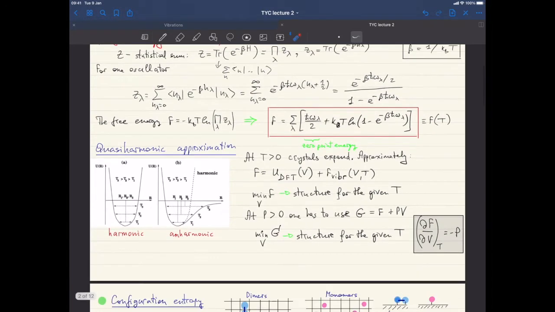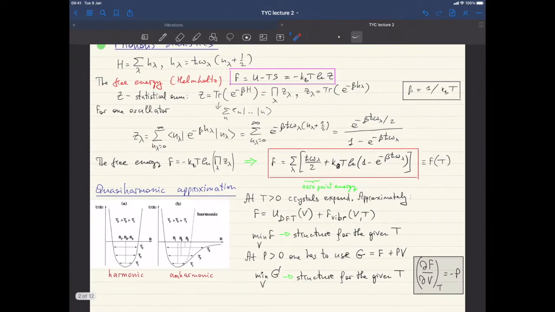And therefore, optimizing the free energy with respect to those parameters would allow us to calculate the geometry of the crystal at different temperatures, as a function of temperature. In other words, to consider crystal expansion, for instance, as a function of temperature, as well as the dependence of vibrational frequencies on temperature as well. So this is all within the quasi-harmonic picture. This is a full quasi-harmonic picture.